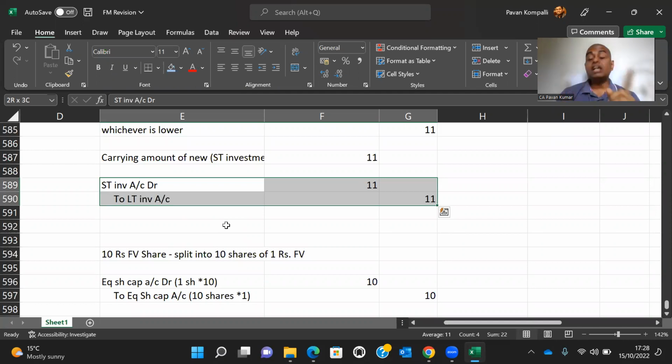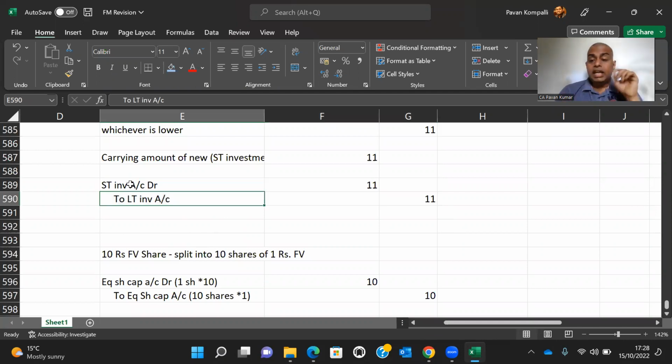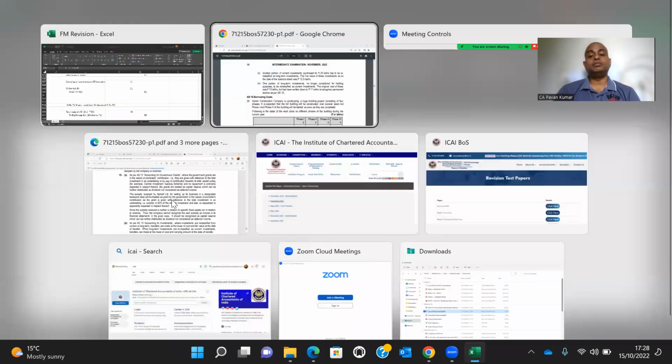I will not pass a journal entry because in my books, in my ledger, short-term investment account will never appear. Investment in Infosys equity shares will appear. Long-term investment is not a ledger account. Short-term investment is not a ledger account. It is account classification. So basically, there will be no journal entry. But if there is a journal entry, this is what it is.